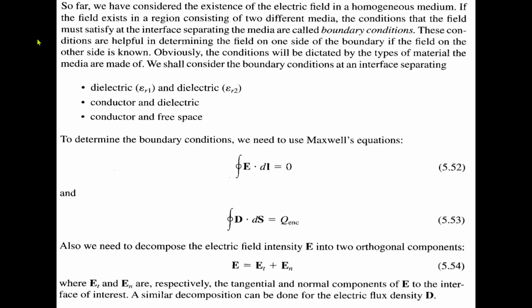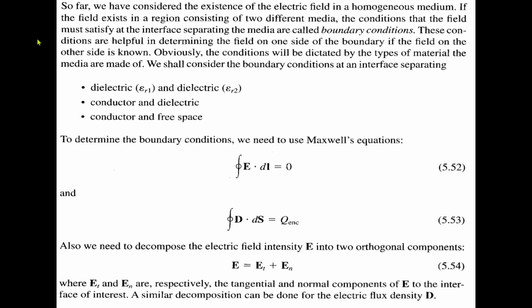This will be dictated by the types of materials or media, so the boundary conditions can be categorized as either dielectric to dielectric, conductor to dielectric, or conductor and free space. For all these cases, we need to obtain the boundary conditions.